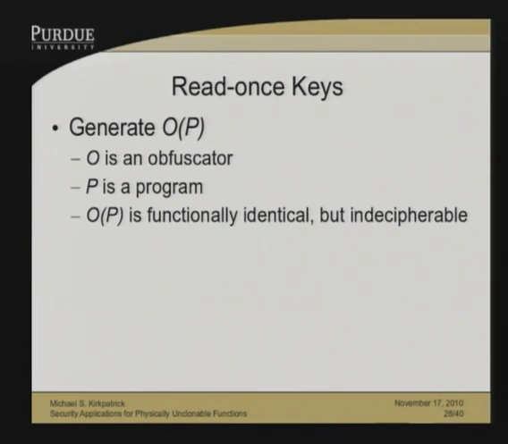What it does is it takes a program as an input, and it returns another program that's functionally identical but indecipherable. So you can't tell that the output of this obfuscator is the same as the original input. So it's just talking about program obfuscation.